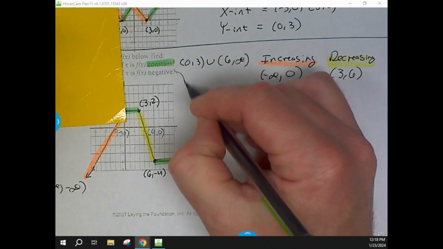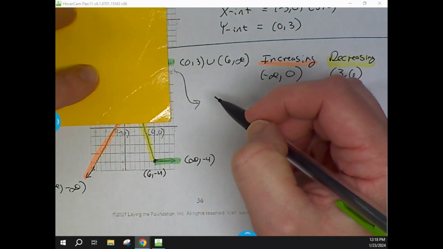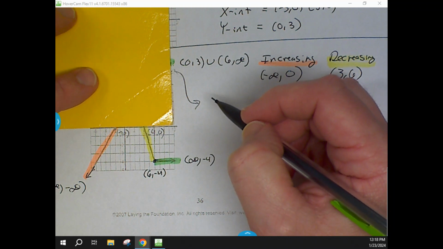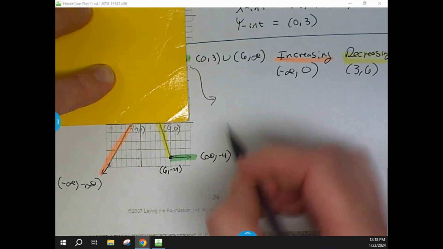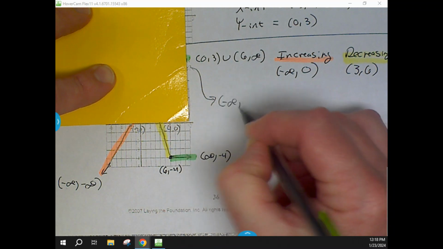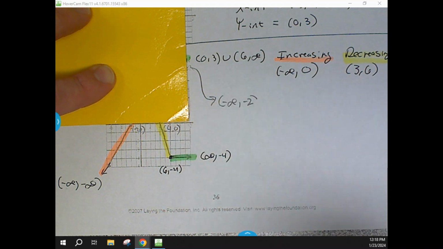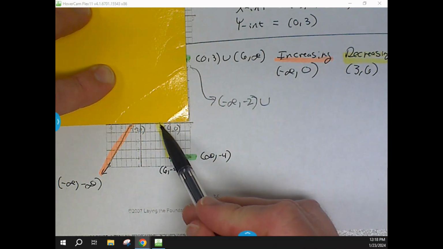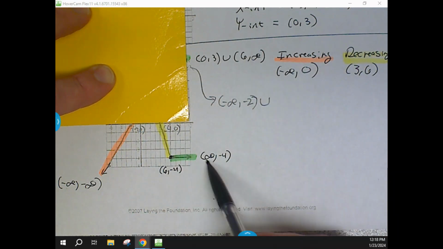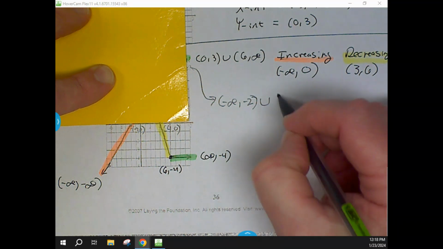So where it talks about negative, let's put that right here. That's the part of the graph that's negative. So it goes from negative infinity up to negative 2. And then it jumps over to here, and it goes from 4 out to infinity.